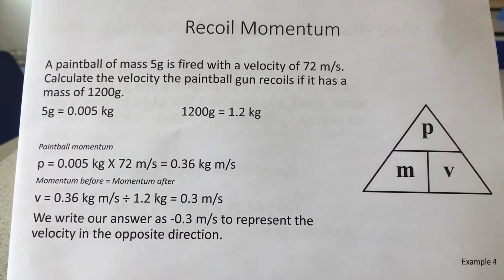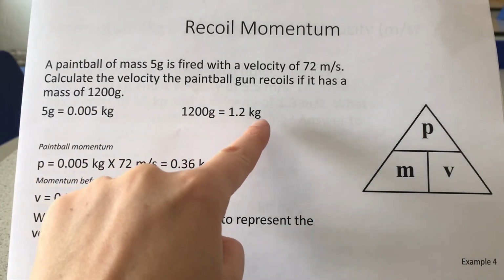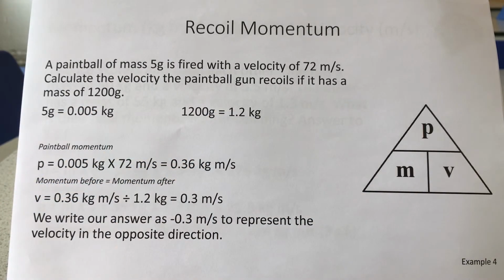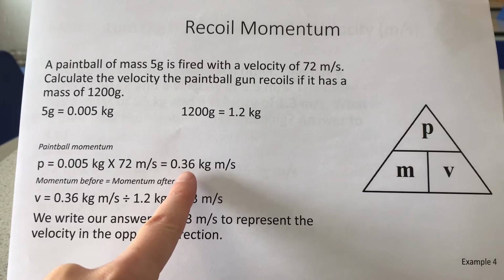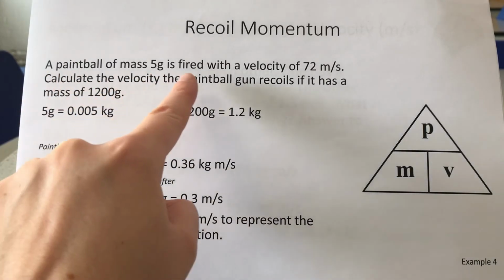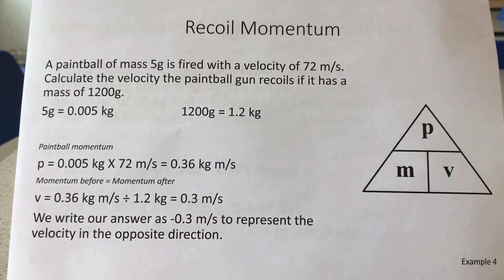So if we know then that for the gun, we know the mass, 1.2 kilograms, we know its momentum, 0.36. So now we're looking for the velocity the gun recoils. So velocity is momentum divided by mass.